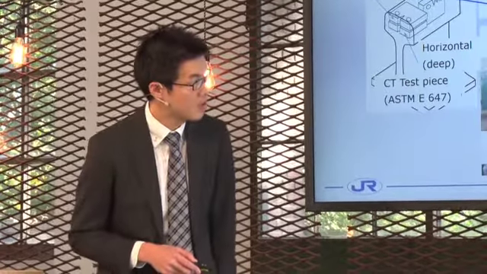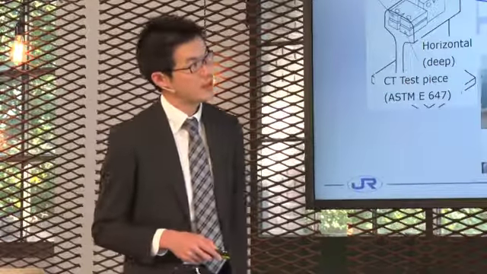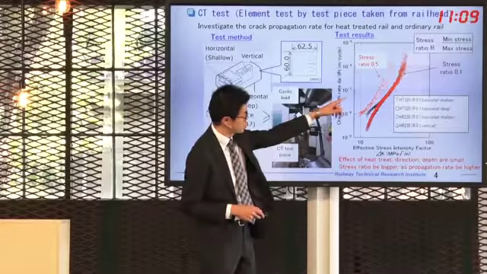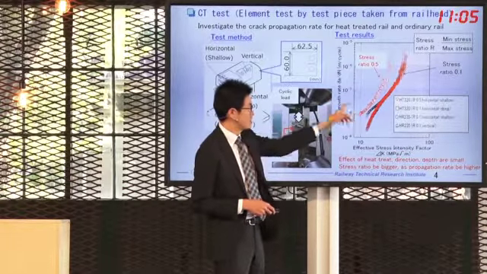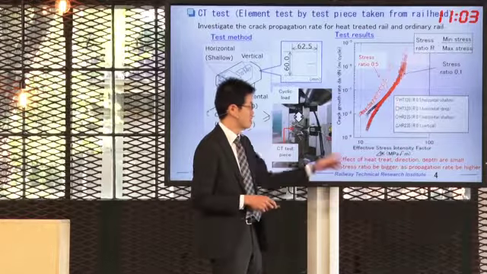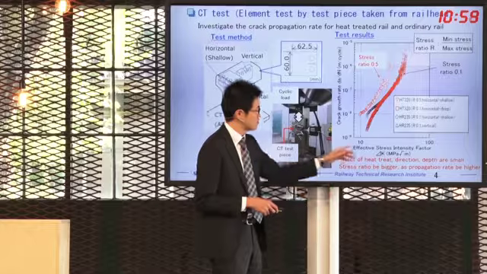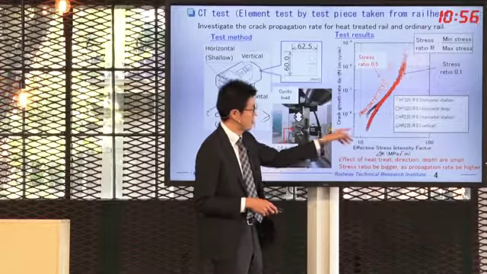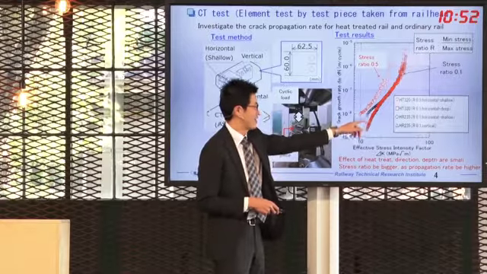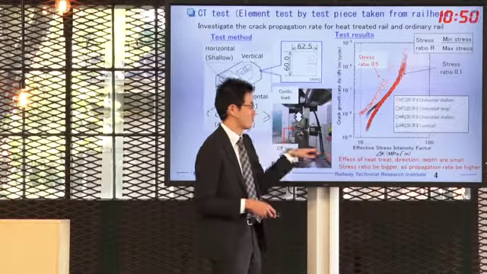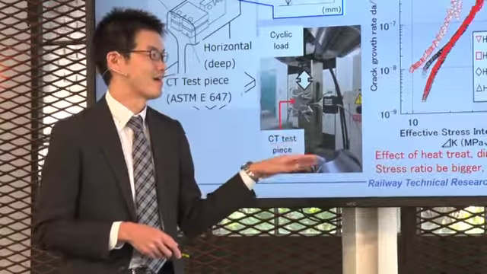We conducted 4 test conditions, and if we look at stress ratio 0.1, the tendencies are the same, although the 3 tests had different conditions: heat-treated and non-heat-treated, and horizontal and vertical.